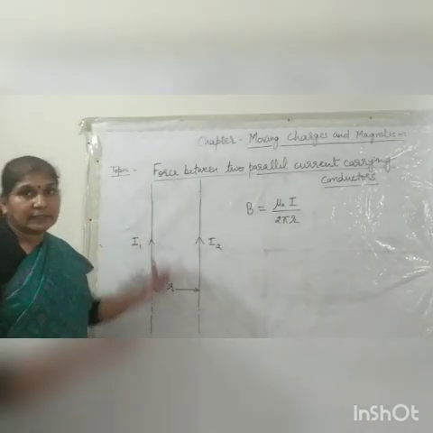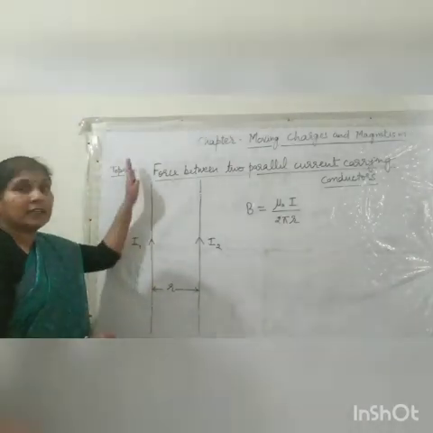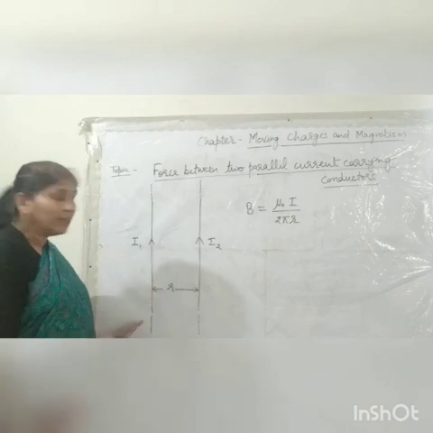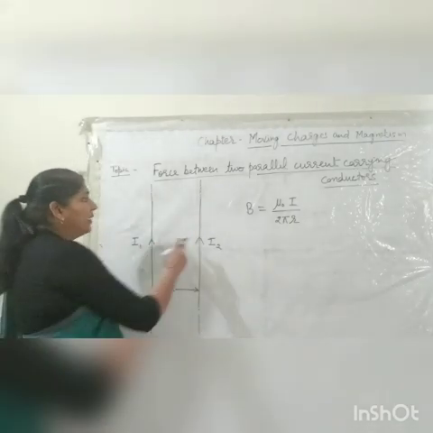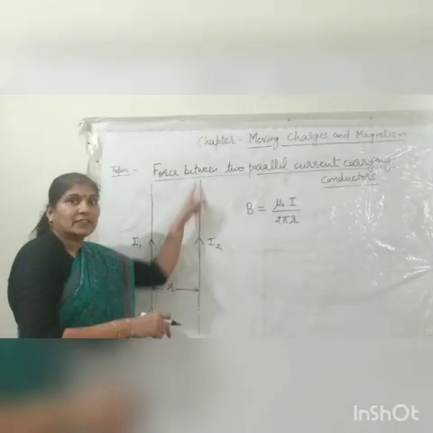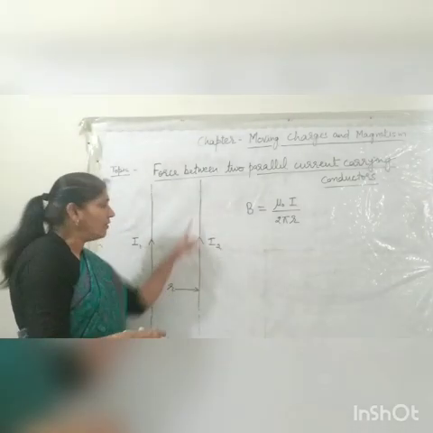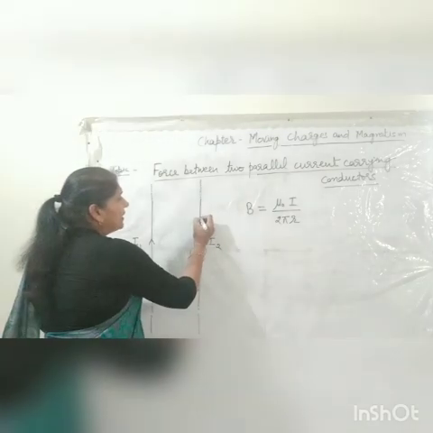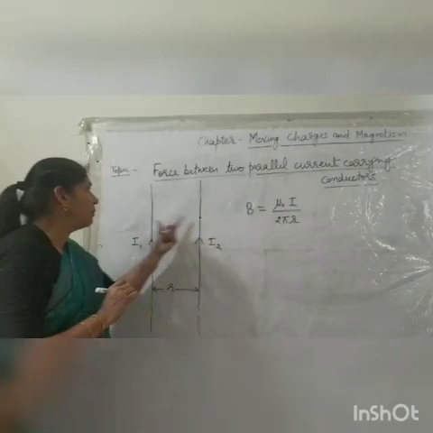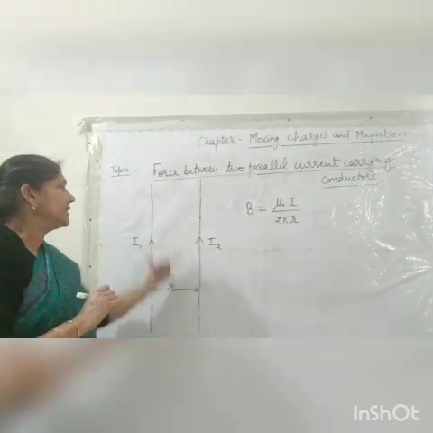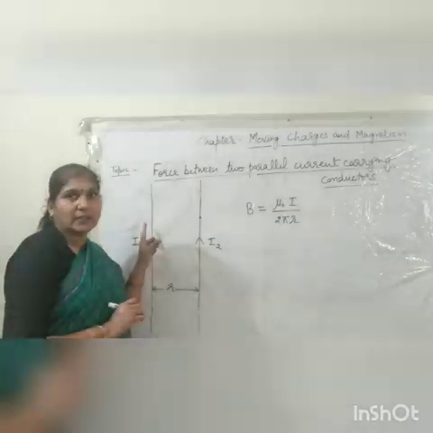Now take the case here. Conductor 1 is an infinitely long conductor. It is carrying current I1. Now if we take a point here, in the position of the second conductor, this point is at a perpendicular distance r from conductor 1.